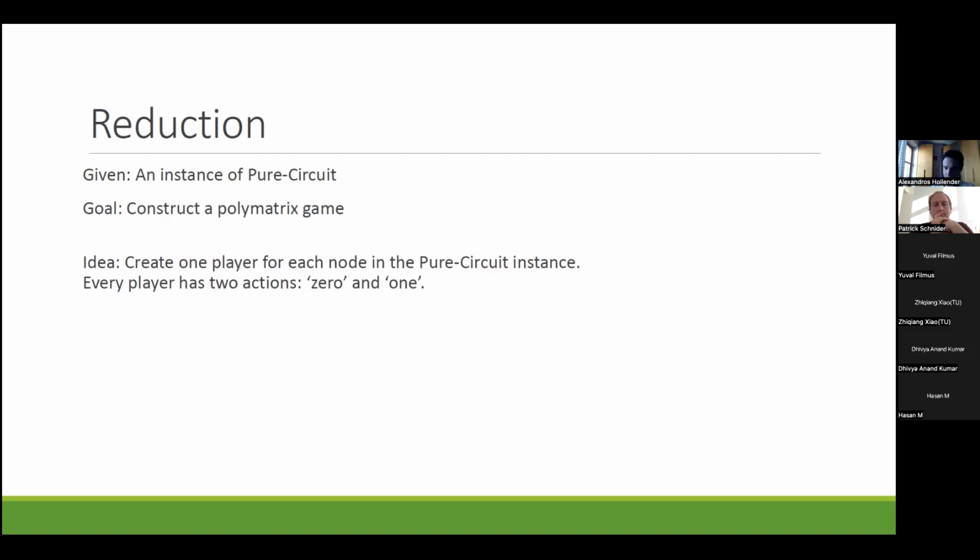Every player is going to have two actions, 0 and 1. And the interpretation of these actions is also going to be very natural, where we're going to map back solutions, meaning that if at a Nash equilibrium a player plays action 0, then we simply interpret that as telling us that we should set the corresponding node in the PureCircuit instance to have value 0.